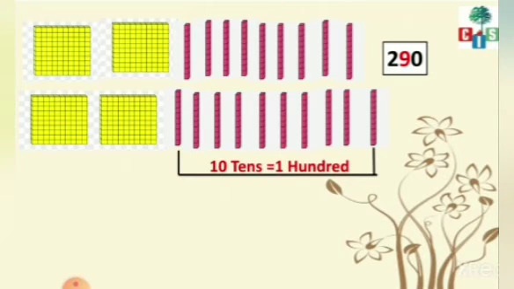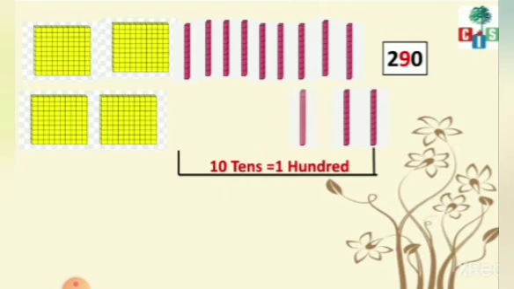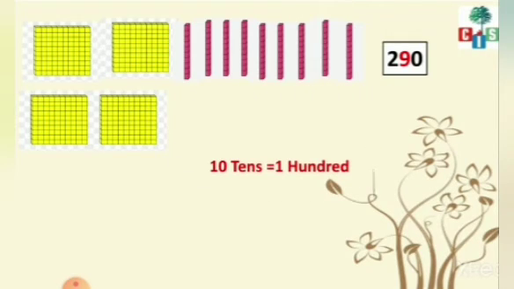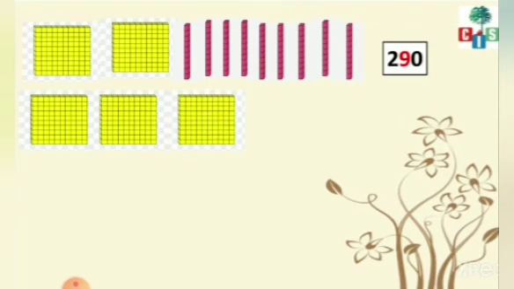I have the tens blocks here. How many? 10. 10 tens equals 100. So what I have to do is remove all the blocks of tens, and 10 tens equals 100. So here there will be a block of 100. So after 290, my answer will be 300.